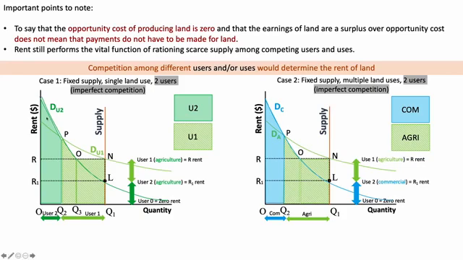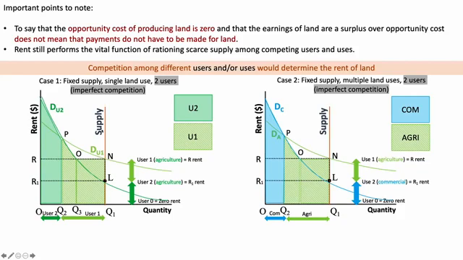So we observe that the second user can generate greater rent between quantity O and Q2, but the first user, read on the DU1 graph, will generate greater rent than DU2 between quantity Q2 and Q1.